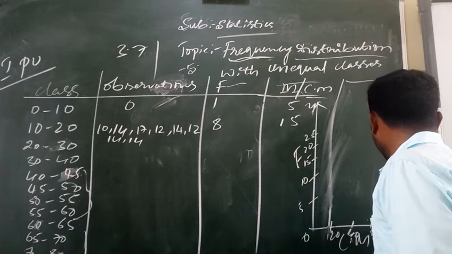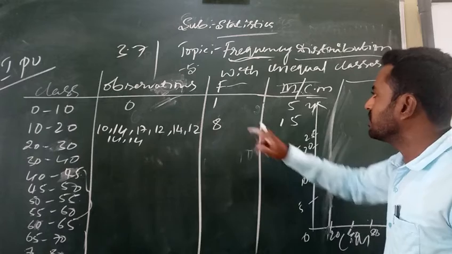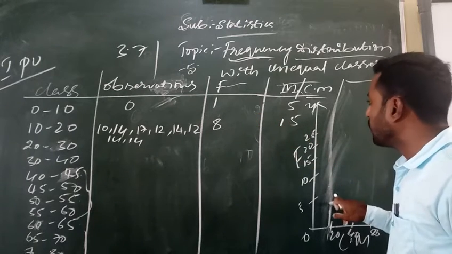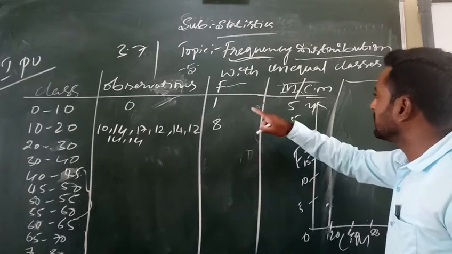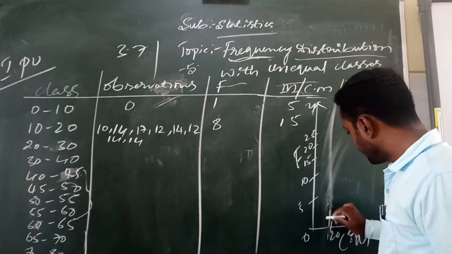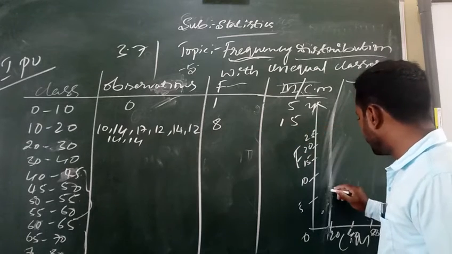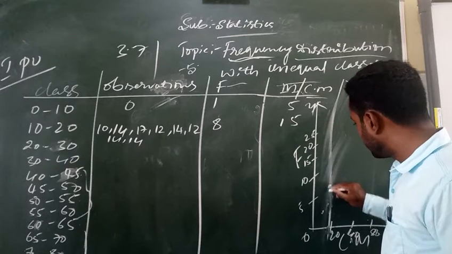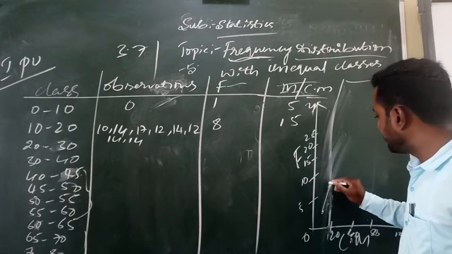Then we have to mention the point, how much the frequency and what class mark. Then we will draw the points: 8, 15.